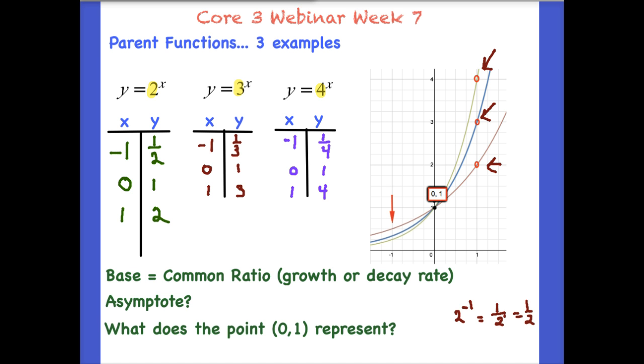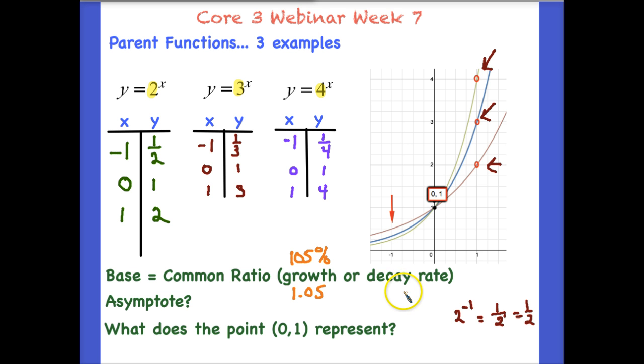All right. So that's our base. Our base is considered a common ratio. It's also considered growth or decay. So if we're talking about money growth, maybe our money grows by 5% a year, then we would write that as 105% because we keep the same amount plus 5%, and that's the same as 1.05. And you have some problems like that. Decay is the same way.